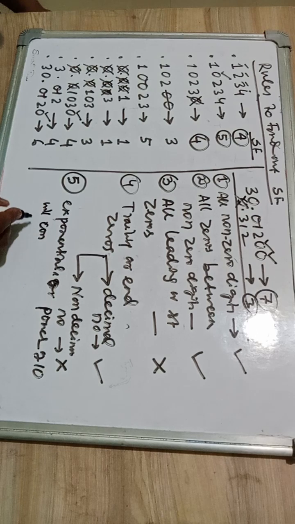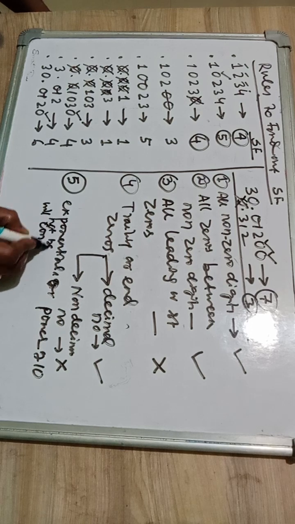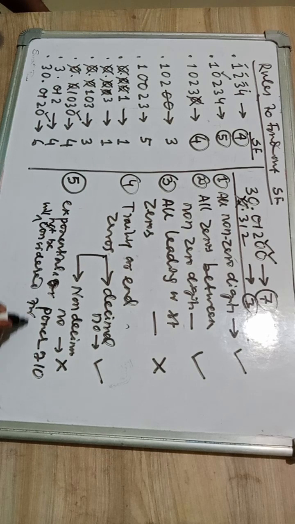It will not be considered for significant figure. For example, we have 3 into 10 to the power 3 meter.